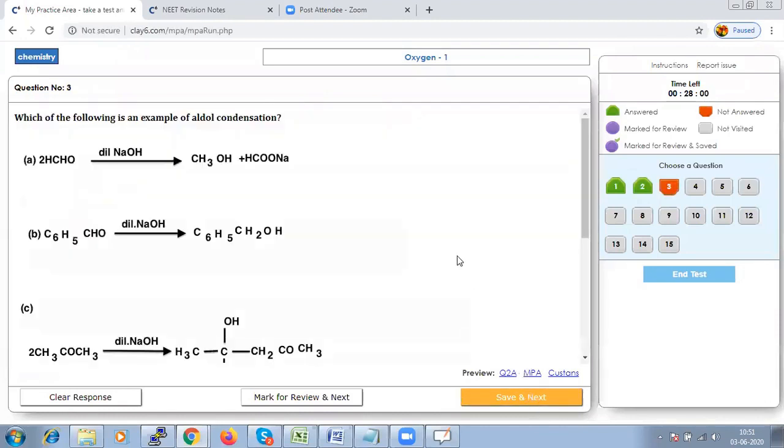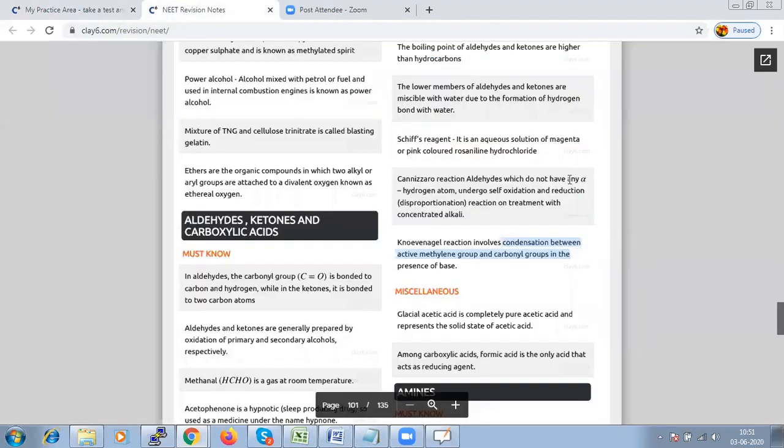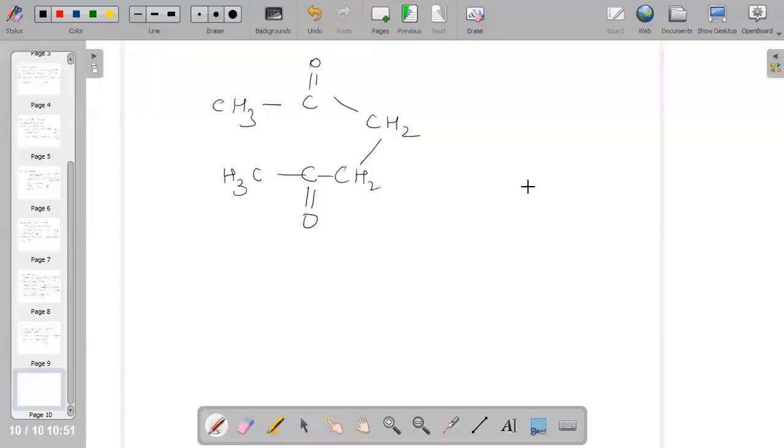Which of the following is an example of aldol condensation? As we spoke now, formaldehyde and benzaldehyde do not have any alpha hydrogen atom. So since formaldehyde and benzaldehyde lack alpha hydrogen atoms, they cannot undergo aldol condensation.